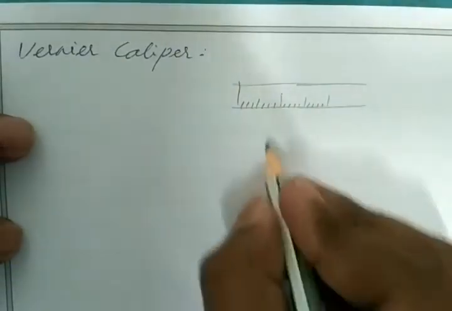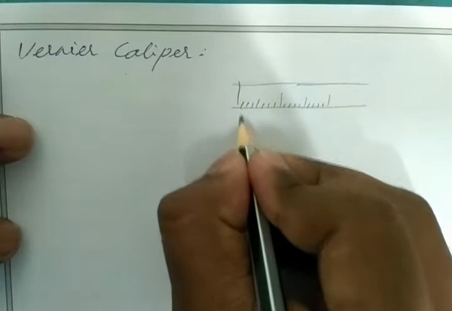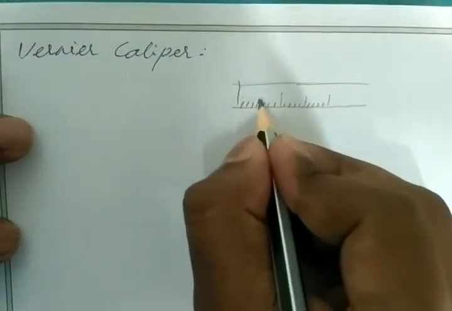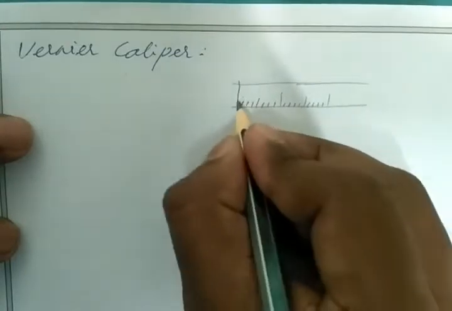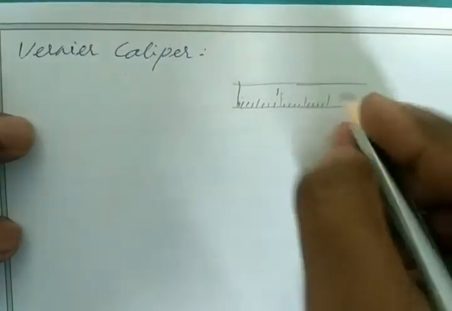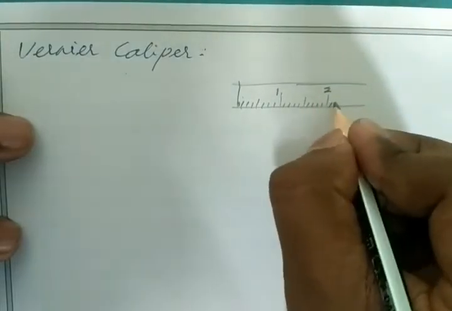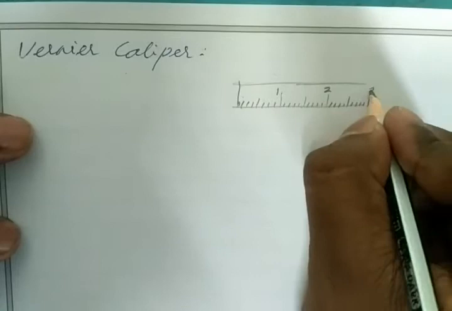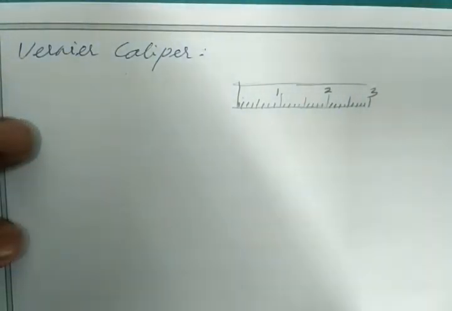Right? So here we have 0.1 centimeter, 0.2, 0.3, 0.4 and 0.5. Here we have 1 centimeter, 2 centimeter, and it goes on, 3 centimeter like that.